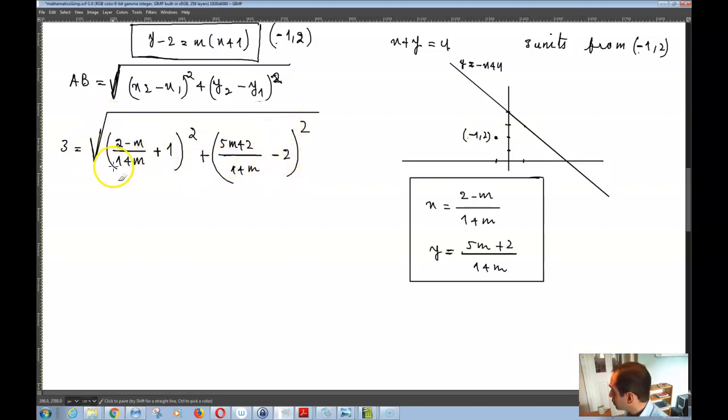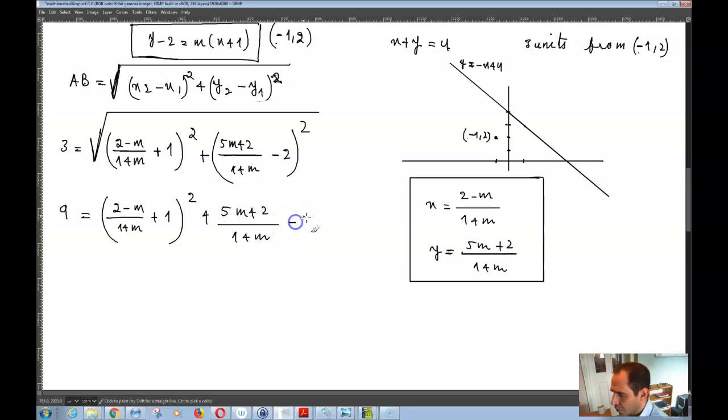And so you can raise both sides of this equation to the second power. You can write it as 9 is equal to 2 minus m over 1 plus m plus 1 whole squared plus 5m plus 2 over 1 plus m minus 2 whole squared.